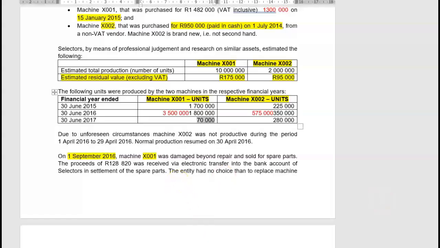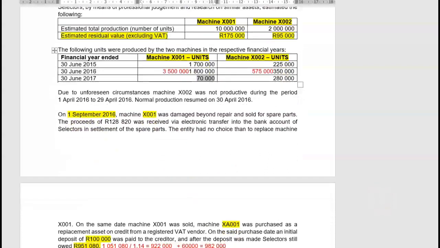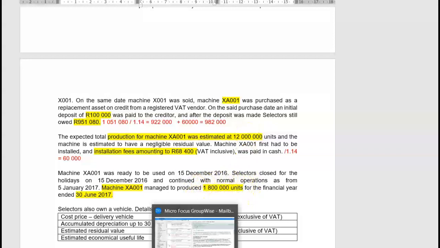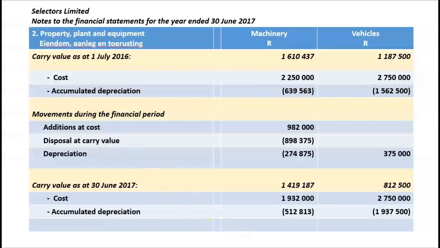Great. Then it was replaced with this new machine, and we have already established that the new machine had a cost price of 982,000. It had a negligible residual value, so our depreciation would be 982,000 divided by 12,000 to get a rate per unit, multiplied by 1.8 million, the number of units that it manufactured in the current financial period.